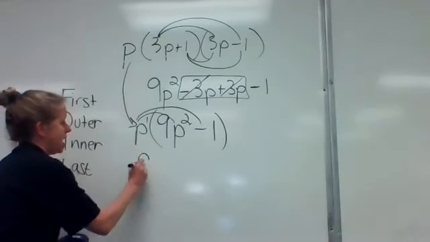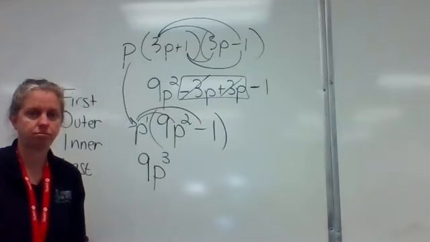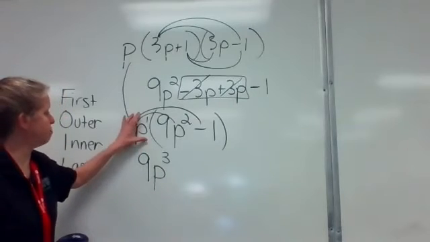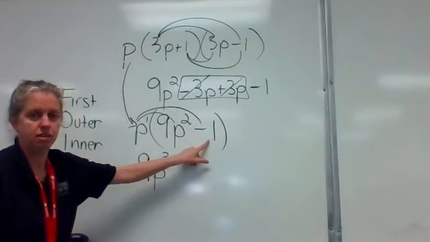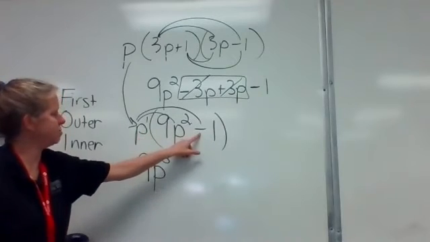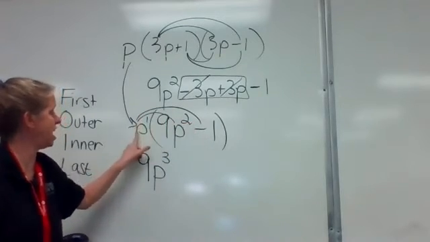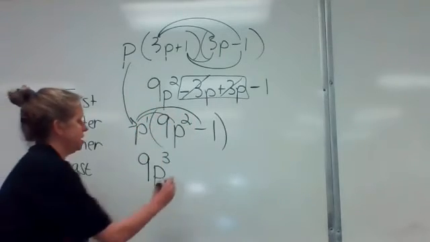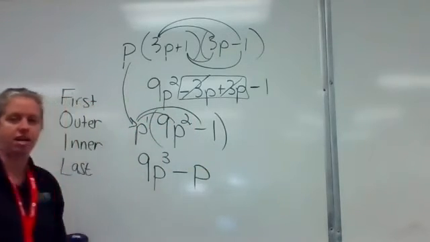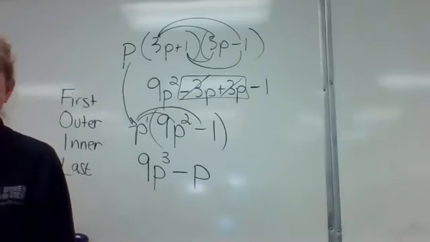So that's just going to give me 9P to the third. So now I have P times negative 1. When you multiply anything times negative 1, it just changes the sign of what you're multiplying. So a positive P times negative 1 just changes it into a negative P. And that's it on that one.